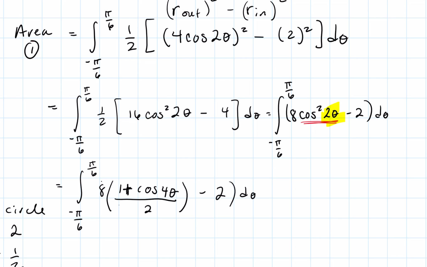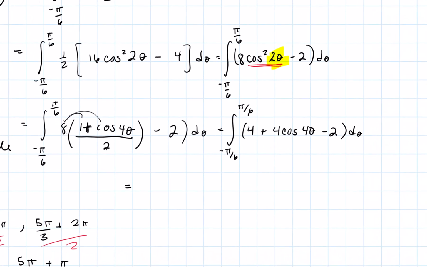I'm going to divide by 2, making it 4, and then distribute. And so we're going to end up getting 4 plus 4 cosine of 4 theta. I should have also subtracted the 2, but we'll do that on the next line. d theta.